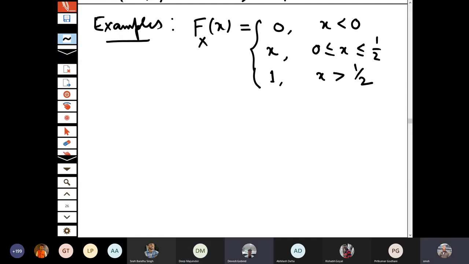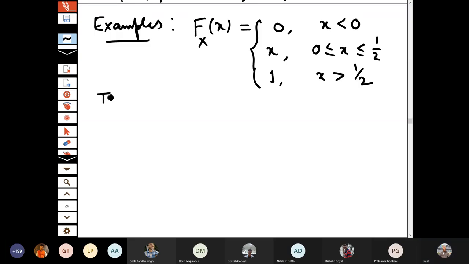Sir, there is density in one part and there is suddenly mass at half. So this function is not continuous from right at x equal to half, because we have mentioned that it should be continuous from right at every point. See, the right hand limit will be 1 and the value at x equal to half is half.